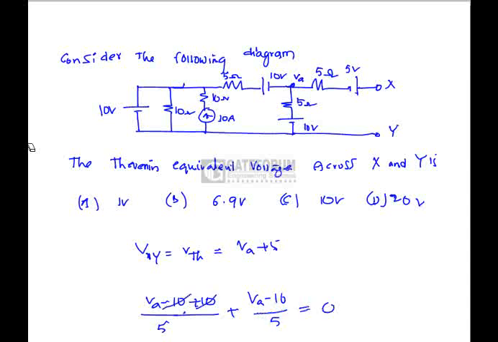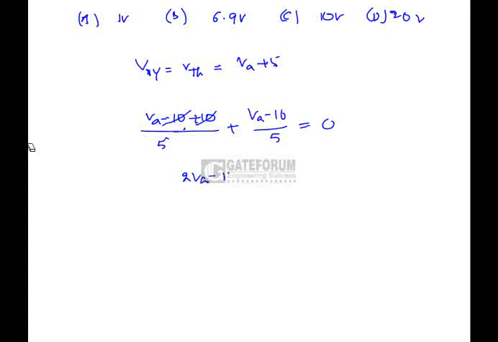This cancels. 2 V_A minus 10 equals 0. V_A equals 5 volts. Hence V_Thevenin is 10 volts. Hence option C is correct.